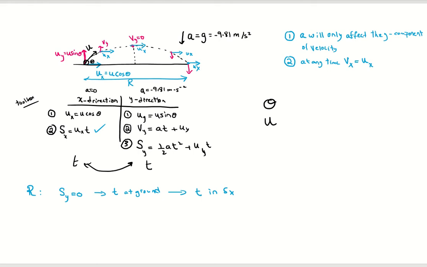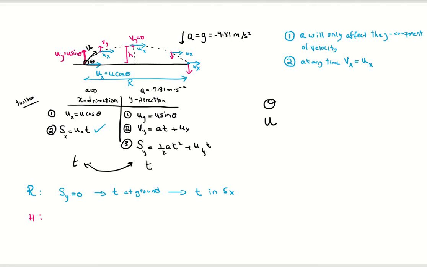Now, another thing that you might be asked about is what is the maximum height? So this is the maximum height traveled by the projectile. To find the maximum height, all you have to do is find the time at the maximum height, okay? Of course, I need to find the maximum height from the y direction, but I don't know the time at the maximum height, so I will find it from Vy. Why is this?